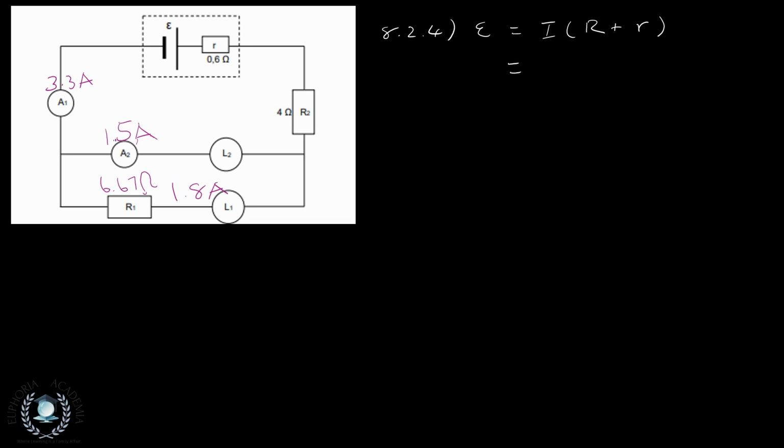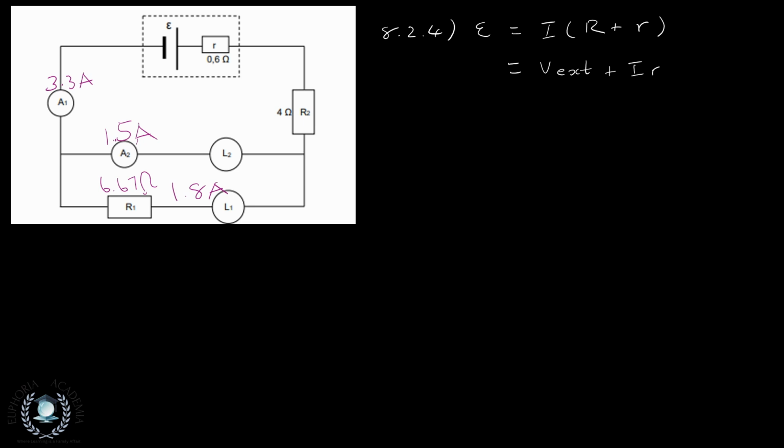The other formula is V external, the potential difference across the whole circuit, added to the total current multiplied by the internal resistance.